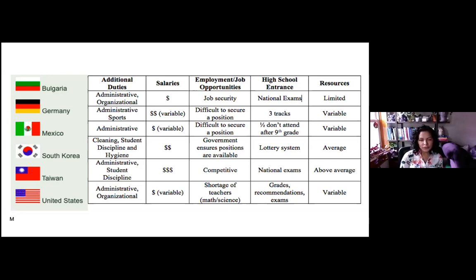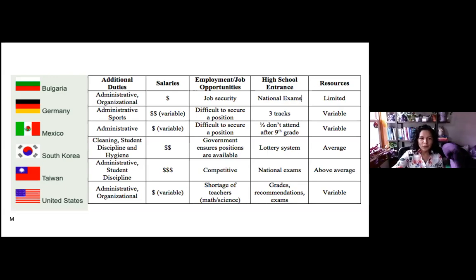Admissions to high schools are, and this is very different, decided based on a lottery system. And the reason they do this is to mitigate potential differences across the schools. We also know that 9th grade examinations determine students' academic trajectory, because scores will decide whether students will follow an academic, a technical, or a vocational track in high school. So you tend to see that there's a lot of anxiety associated with these exams as well.